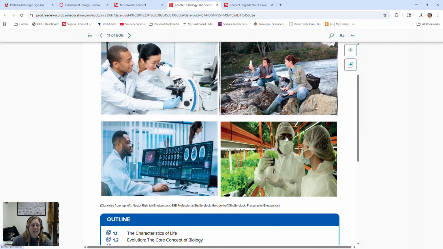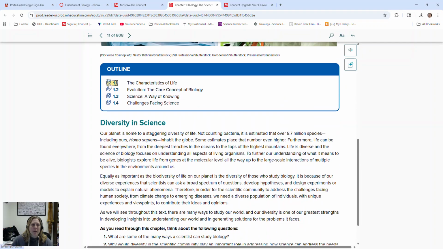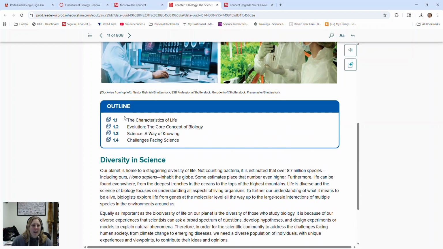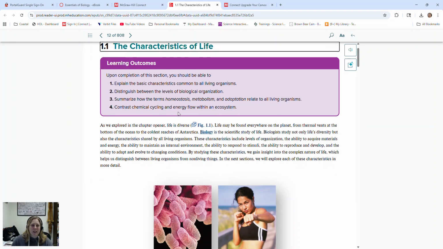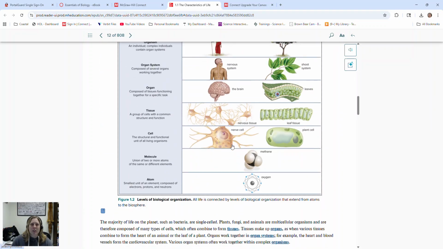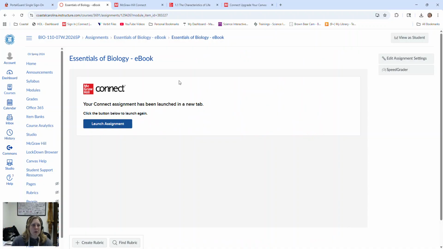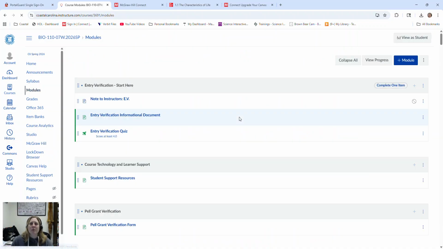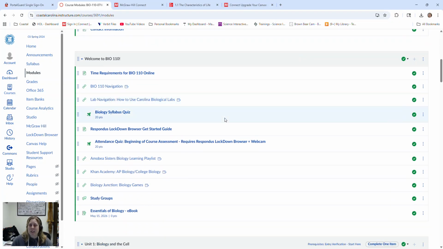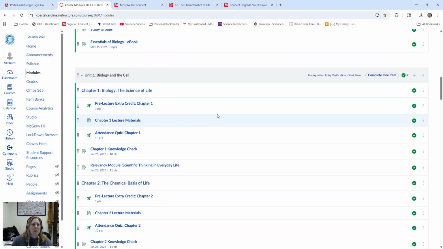It's got a lot of really cool information. It's easy to navigate. You can go in and click on, oh, I want to go look at the characteristics of life. Oh, let me look at this figure. It's wonderful. I wish I had textbooks like this when I was in school. So do familiarize yourself with that. You should use it as an additional tool to learn the materials.